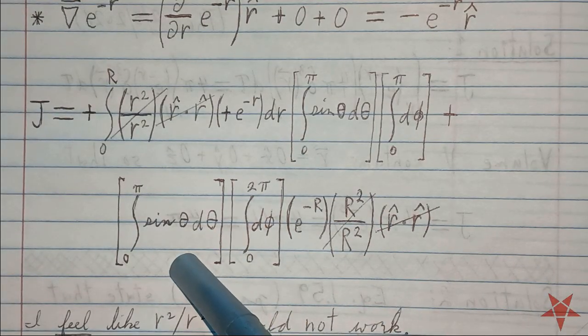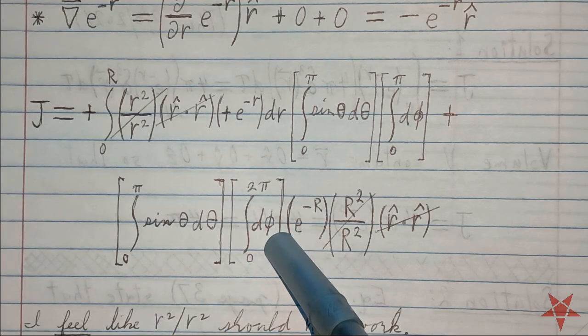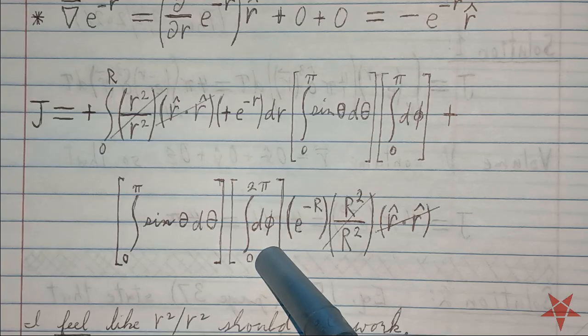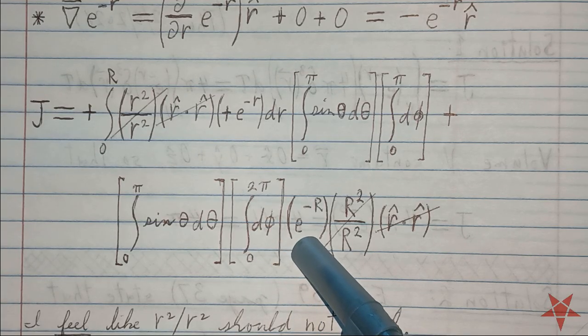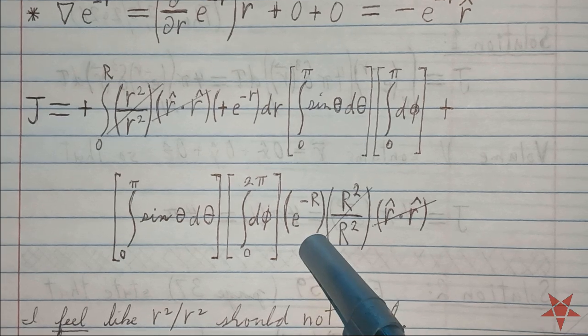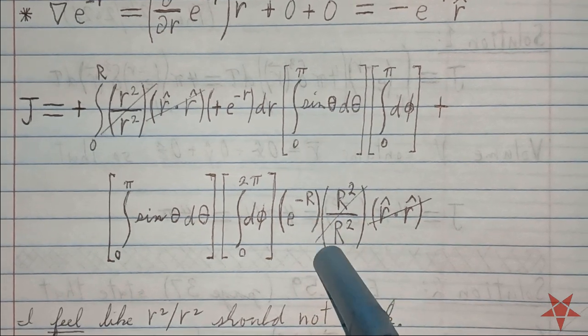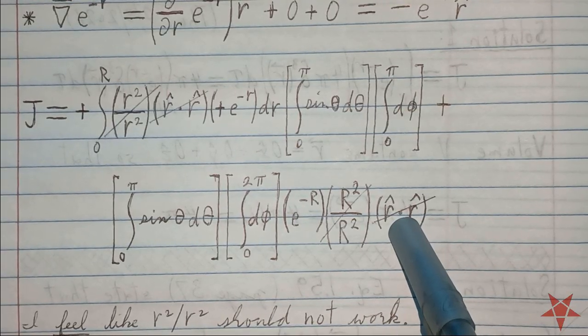In the case of the surface integral, once again we have sections that separate out for theta, in this case sine theta d theta from 0 to pi, and d phi from 0 to 2 pi, with nothing except 1 for an integrand. e to the negative r is constant, and r squared divided by r squared goes to 1, as does the dot product of r hat with itself.